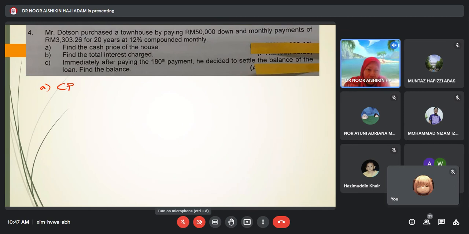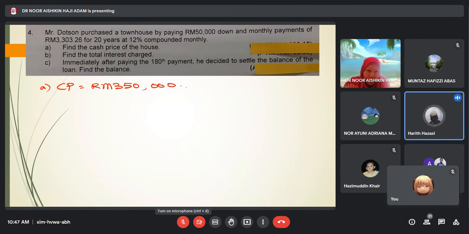CP, point A. CP equals to, Doktor, 350,015 sen. Betul tak? Betul. Dia tu 50,000 ringgit. Adalah pula 15 sen tu. Kacau je 15 sen. Jadi tak orang tak dapat cash price of the house? Dapat. Dapat, okay. Tahu macam mana nak buat kan?